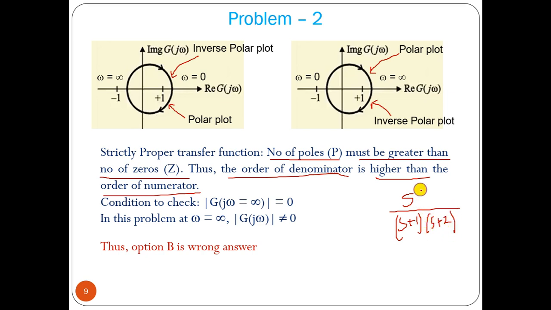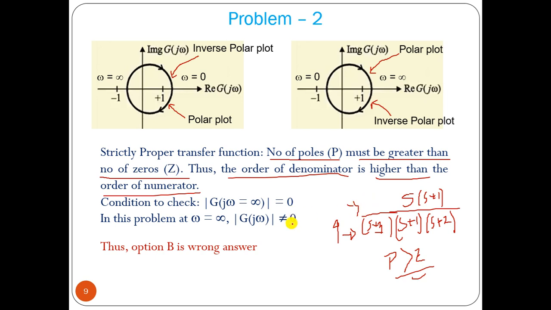If we have 2 zeros, then we must have 3 poles. That means this is an example of a strictly proper transfer function, where the number of poles is greater than the number of zeros, or the order of the denominator polynomial is higher than the order of the numerator polynomial.